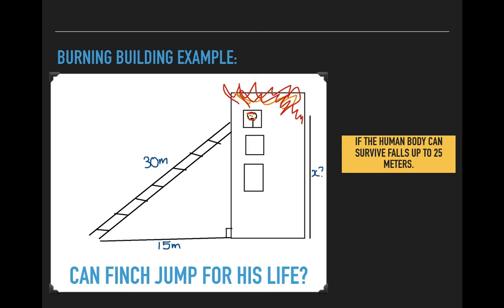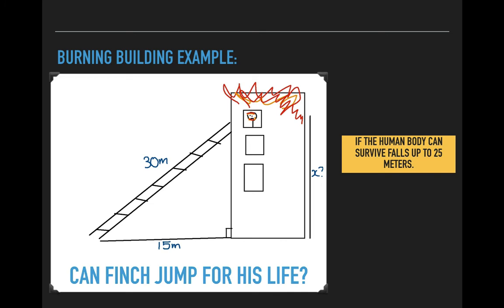All right, so, ladies and gentlemen, I'm going to walk you through this question. Pretty simple. Mr. Finch is in a burning building. He is on the 3rd floor. There is a fireman at the base of this ladder. He doesn't think he can make it up to Mr. Finch in time to save his life.